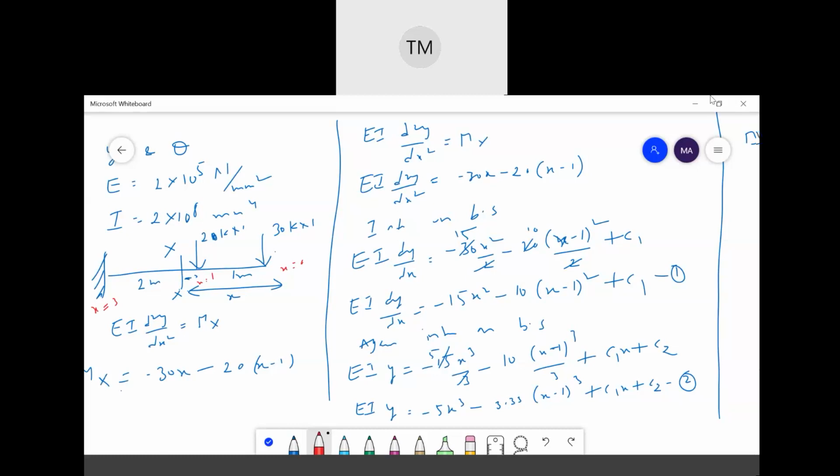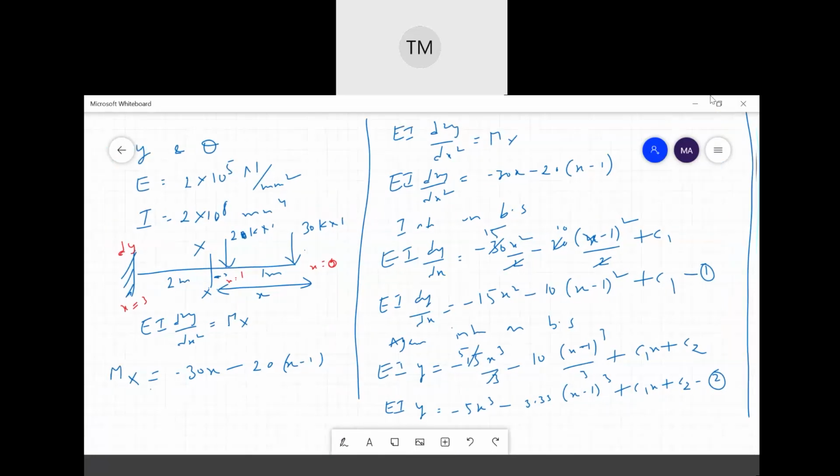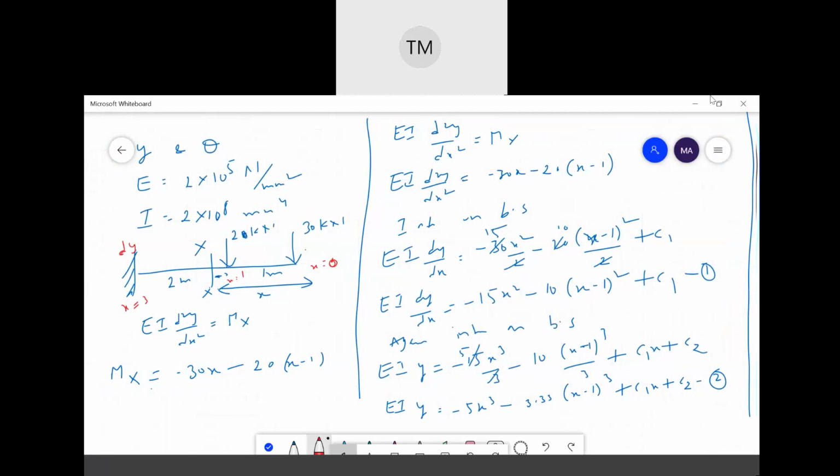What happens at x is equal to 3? At x is equal to 3, dy by dx is equal to 0. Then at x is equal to 3, y is equal to 0. These are the boundary conditions at a fixed support.